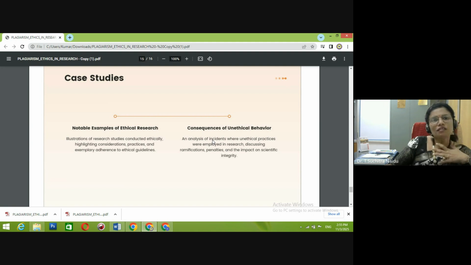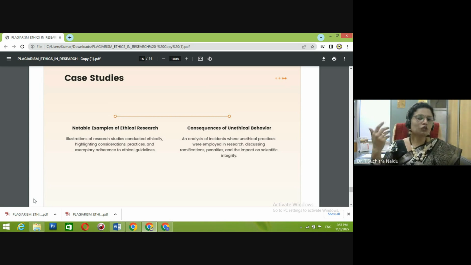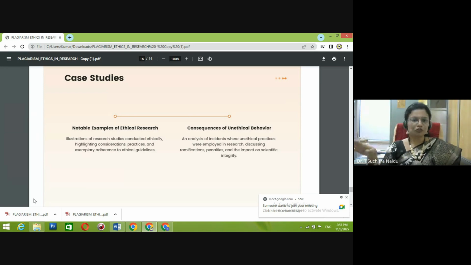There is a decline in morale. You have a negative image in society, then there is a financial burden in terms of penalties. And in the worst of cases, we lose the license to do research again. If you have done terribly wrong things, we lose the right to do research in the near future.